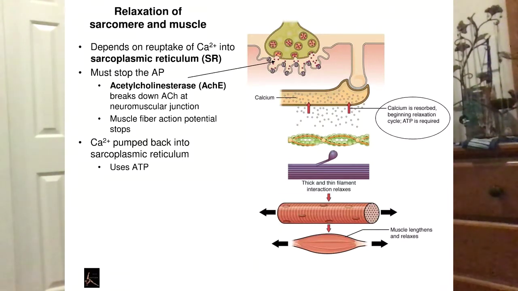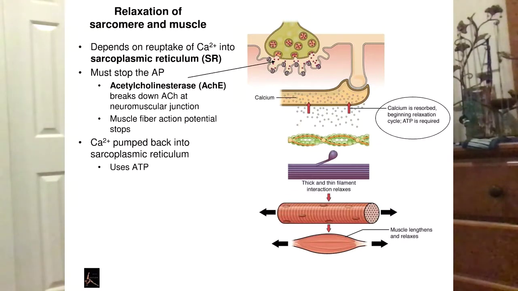So remember, I mentioned those little moon-shaped molecules in the previous picture. I said that was an enzyme called AChE. It's called acetylcholinesterase. Remember, ase means enzyme.